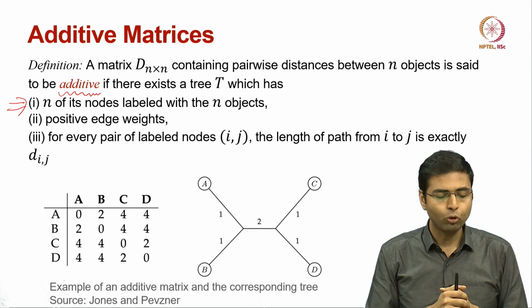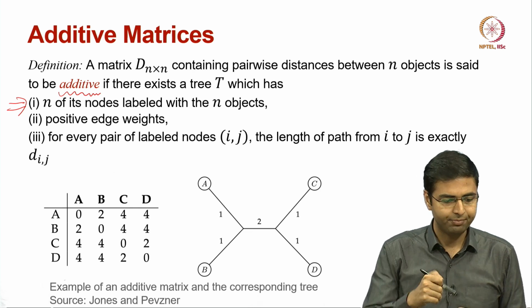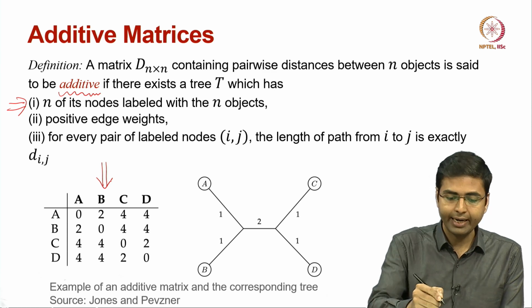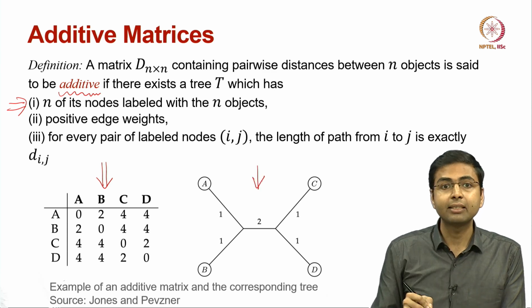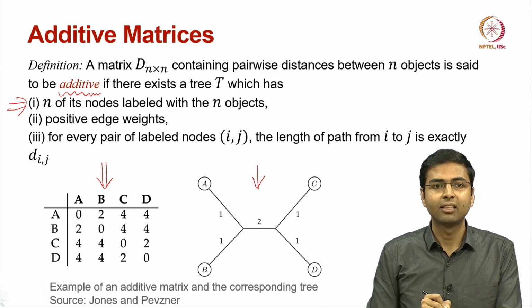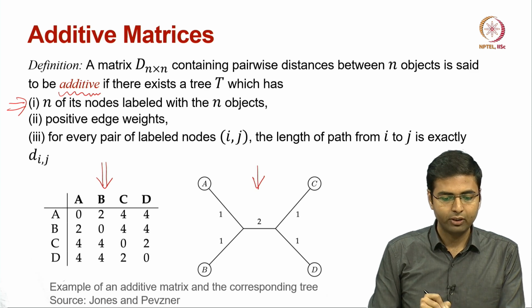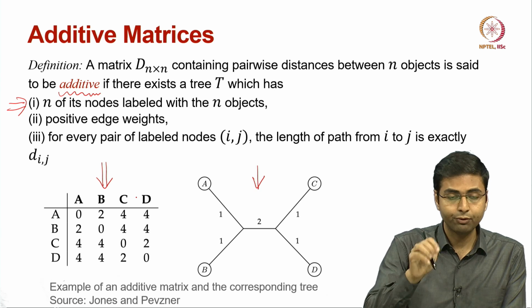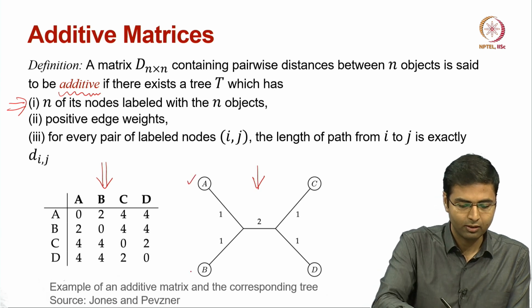So on the bottom I am showing you an example of an additive matrix. Why is this an additive matrix? Because there exists a tree which is consistent with this matrix. For these 4 objects, this tree has 4 labeled nodes.